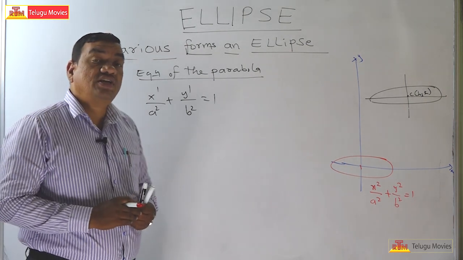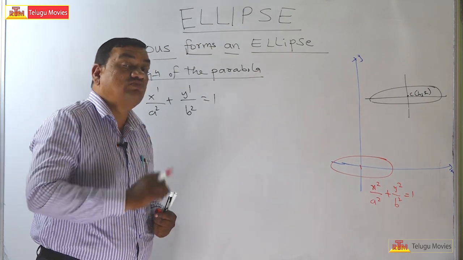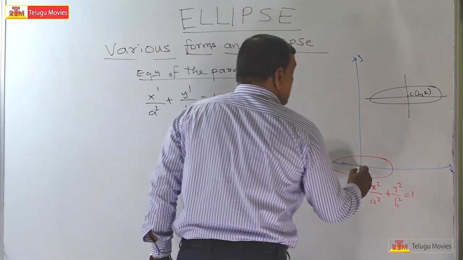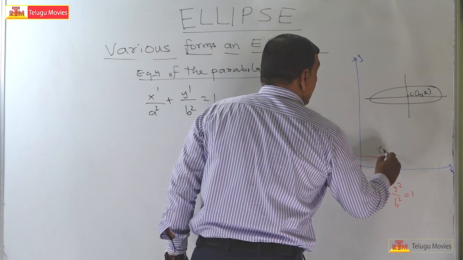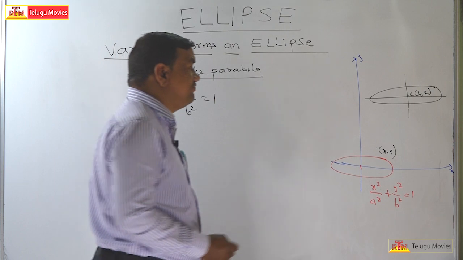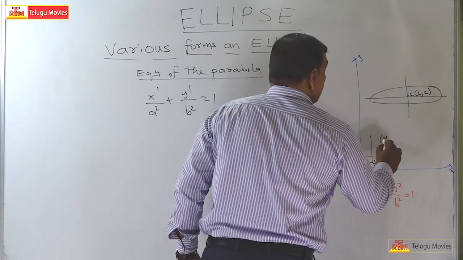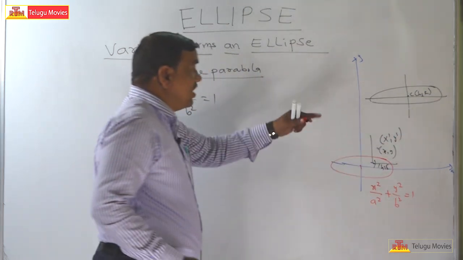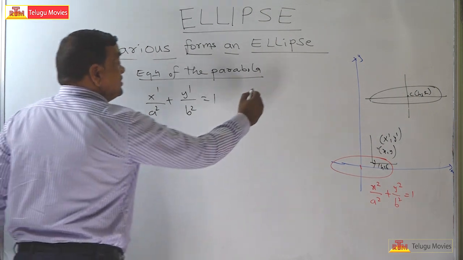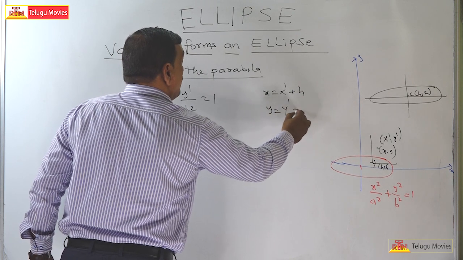Now, in the first year course, that is 11th class, we have one chapter, that is transformation of axis. In that, with respect to the original axis x comma y, if the origin is shifted to some h comma k, let the new coordinates be x dash and y dash. We know the relation x is equal to x dash plus h, y is equal to y dash plus k.